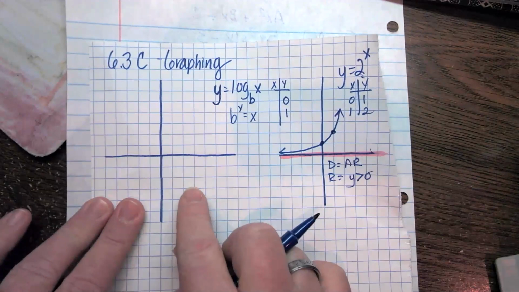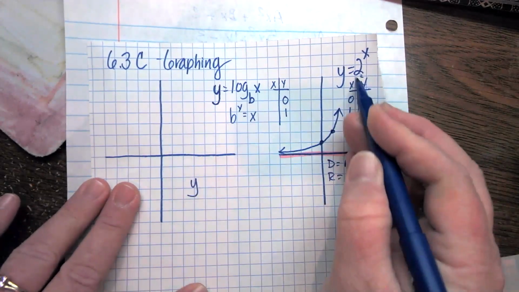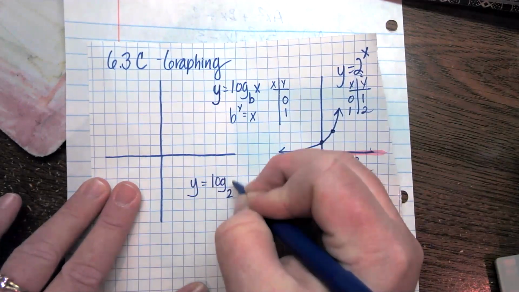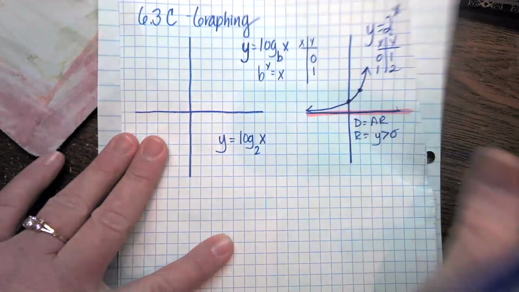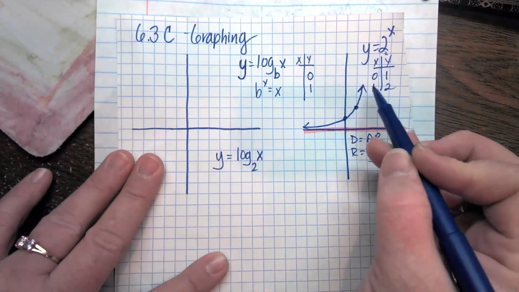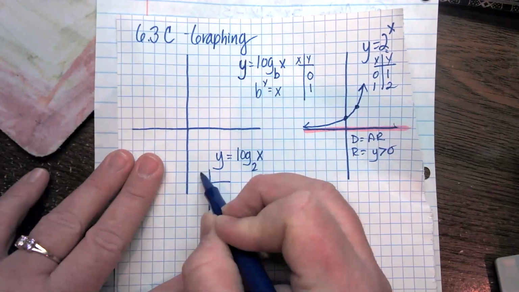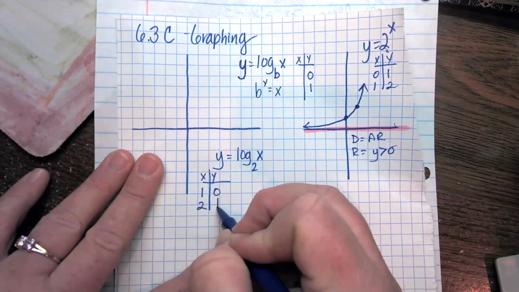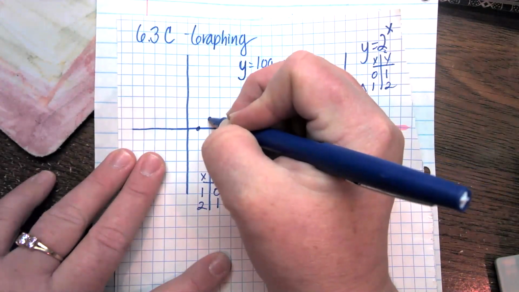Okay, in contrast, the inverse of this is this, my friends. Well, when you think about inverse, what was the first thing we do? We switch the x and y's. So my new set of values for this are really 1, 0, and 2, 1.